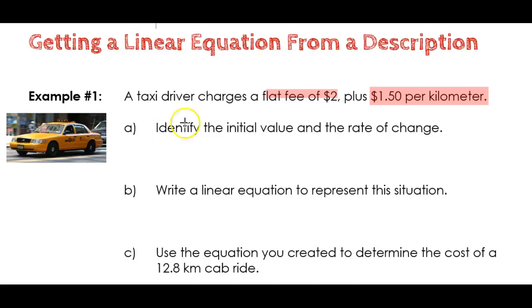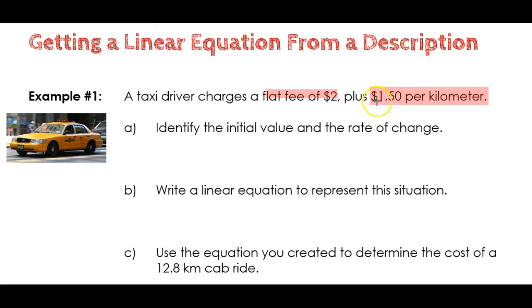So the next part says identify the initial value and the rate of change. So I'm going to go back and read the information at the beginning, the description. A taxi driver charges a flat fee of $2 plus $1.50 per kilometer.